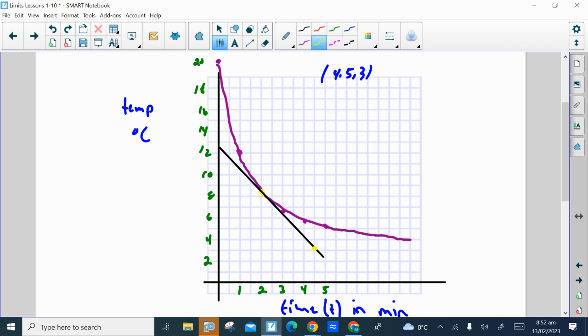The other point, again, we can try our best to choose a point that looks like it's on that line. So maybe we'll use that point right there, which looks like it's at about 1.25, comma 10. Again, this is just a guess, right? It's an estimate.